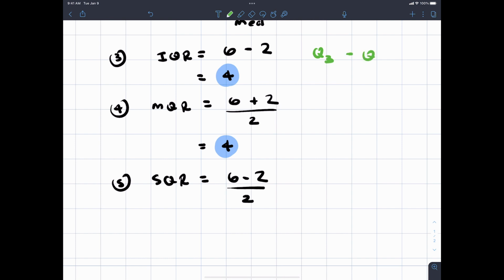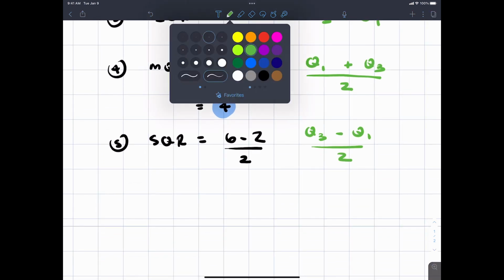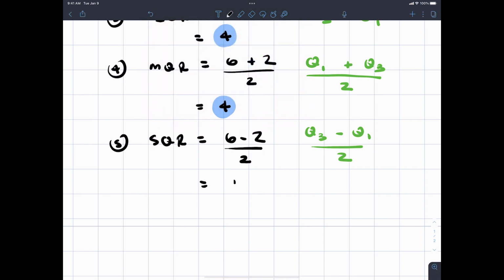Q3 minus what? Q1. You can say Q1 plus Q3 divided by 2 or Q3 plus Q1 divided by 2. And then this is simply going to be Q3 minus Q1 divided by 2 here. Okay? And so 4 over 2 gives you what? Yeah. 4 divided by 2 is in fact 2.